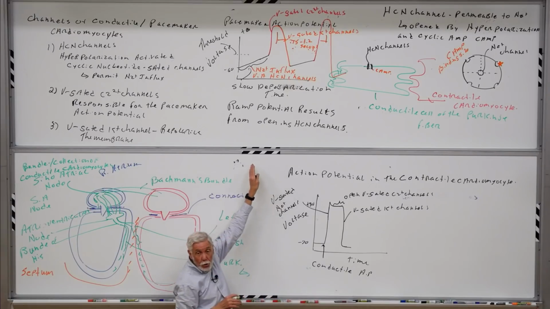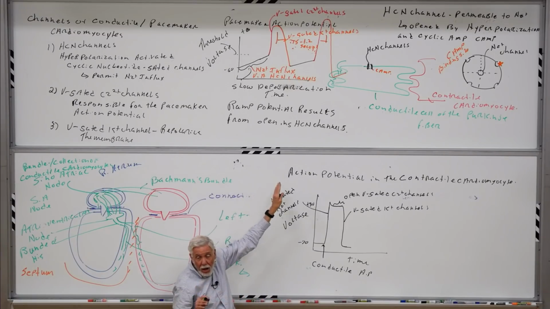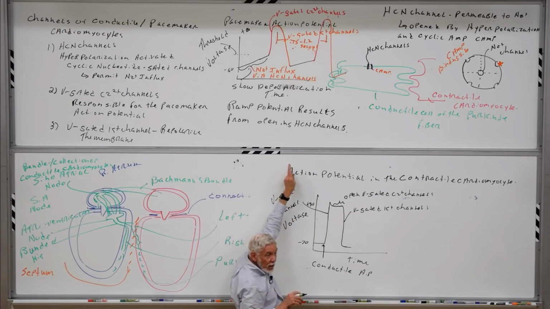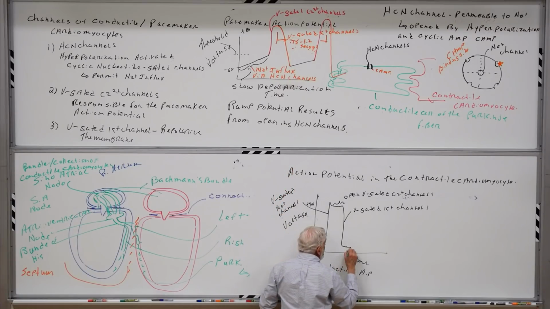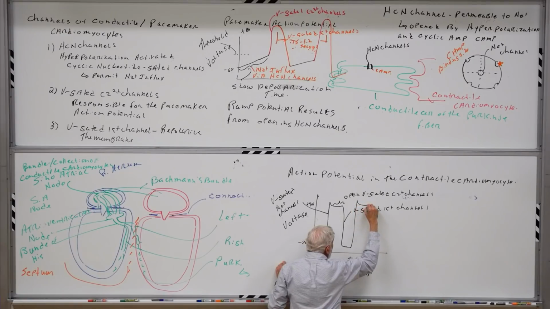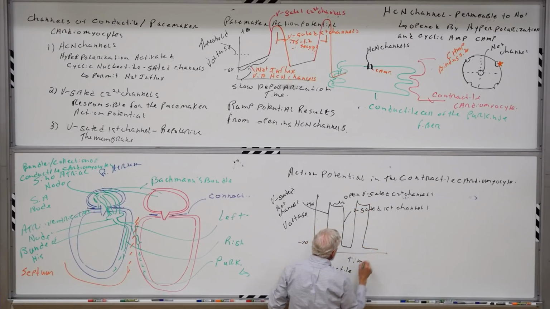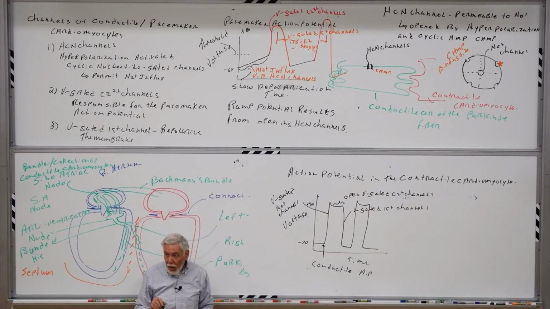Then about a second or so later, again arrives the pacemaker potential. Opens the voltage-gated sodium channels, depolarizes the membrane, the plateau phase, repolarization, and we start all over again.